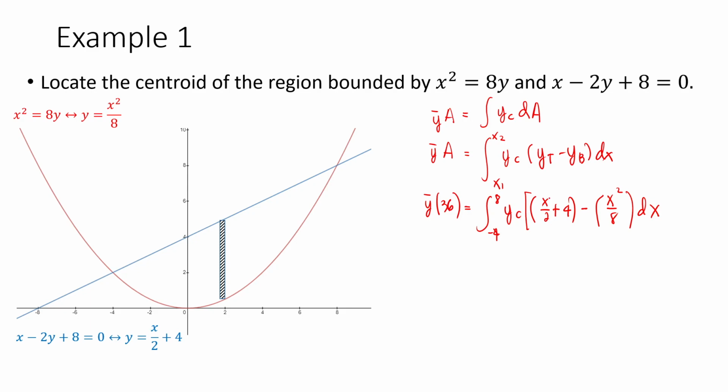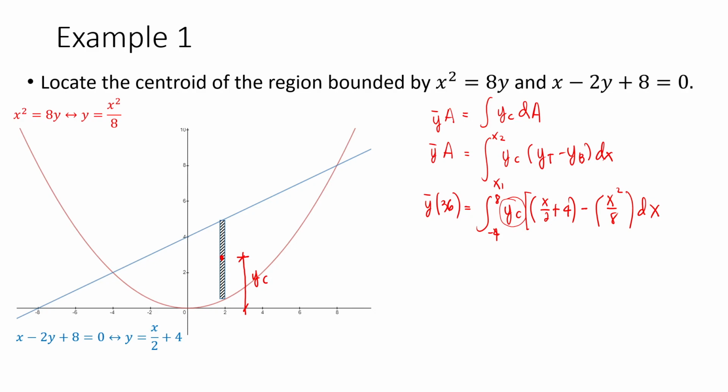So notice that all of which are now in terms of x on the right side, but there's one component that is still a y component, which is y sub c. So again, if this is our differential area, the vertical strip, since this one is a rectangle, we can say that the centroid is at this location. So this will be our y sub c.